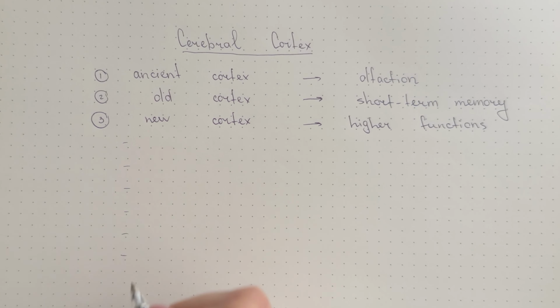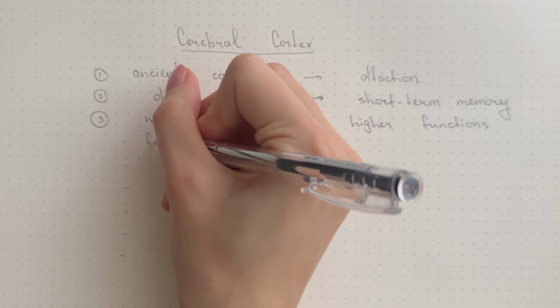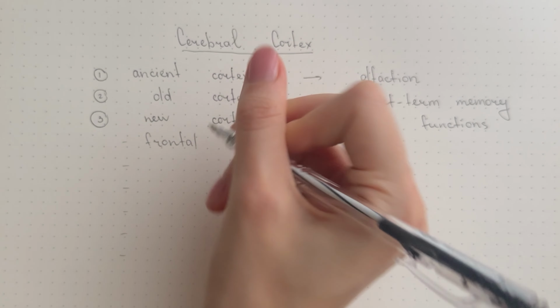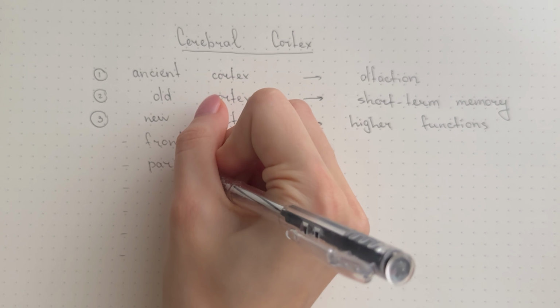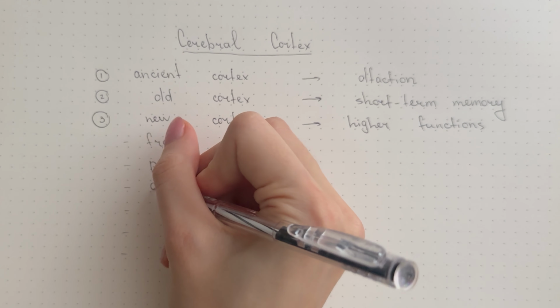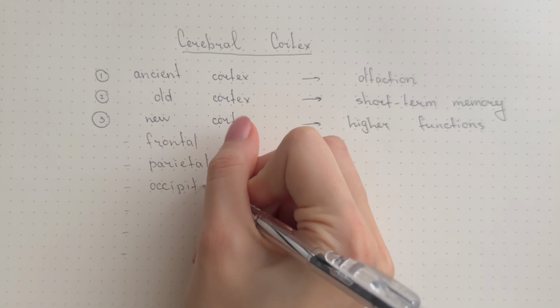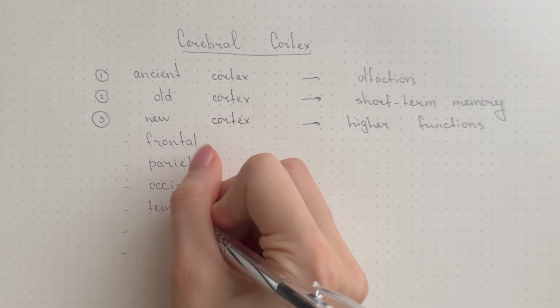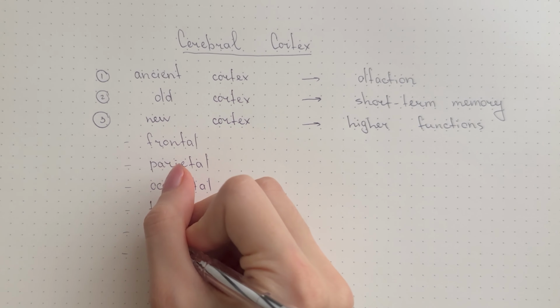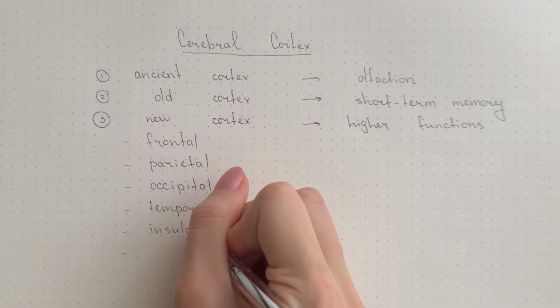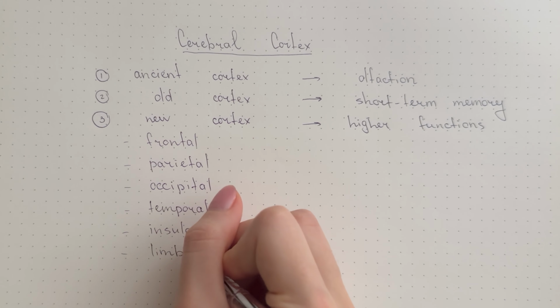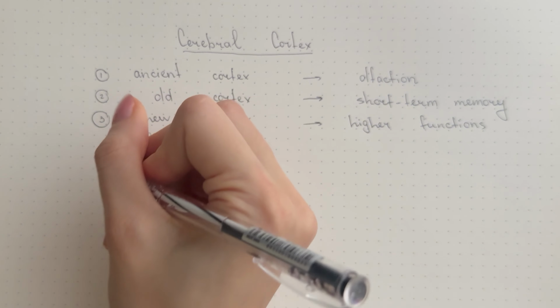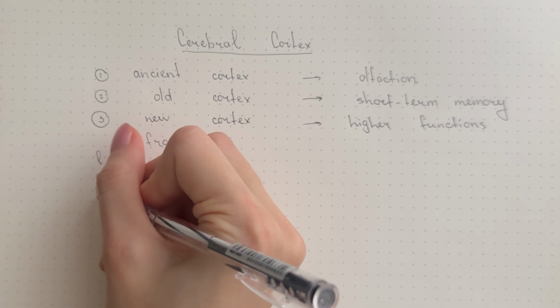Four of them are probably familiar to you: the frontal lobe, the parietal lobe, occipital lobe, and temporal lobe. In addition to these, the insular lobe and the limbic lobe of the cerebral hemispheres are also distinguished.